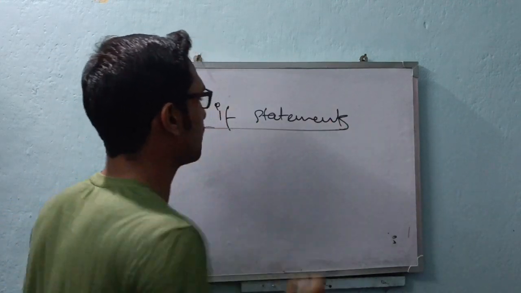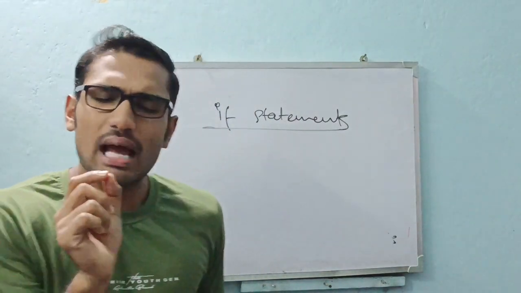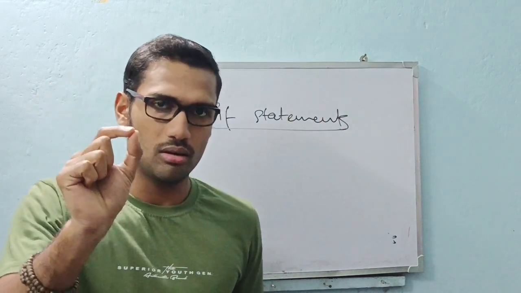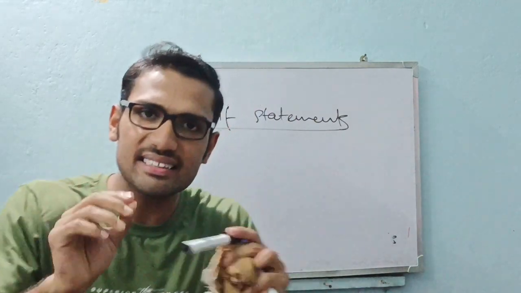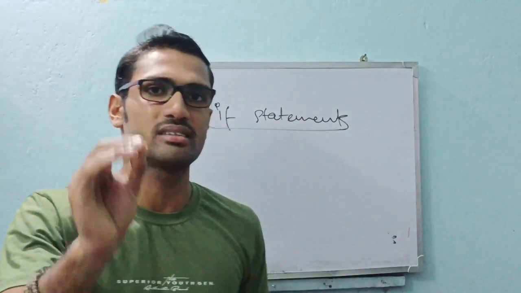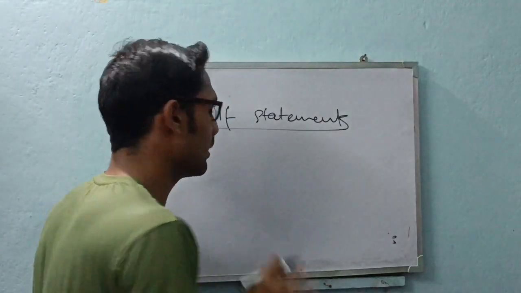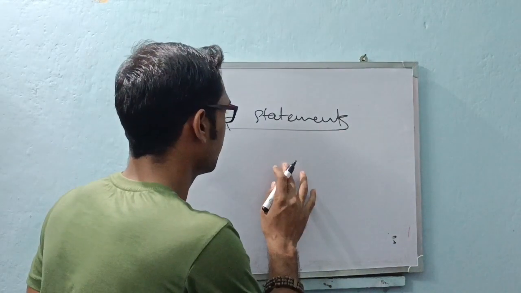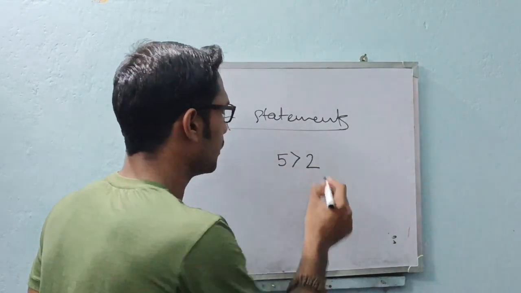If statements. What is this if statement? It's a type of conditional statement which executes when the condition is true. Let me explain. There is a condition. Suppose, let's say 5 greater than 2.